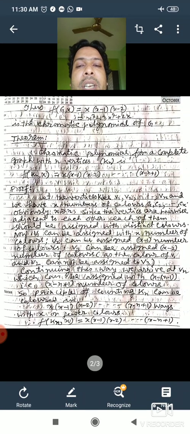Now proof. Let the vertices of Kn be v1, v2, v3, ..., vn, and we have x number of colors c1, c2, c3, ..., cx. Obviously x is greater than or equal to n. Since the vertices are pairwise adjacent to each other, each of them should be assigned distinct colors.